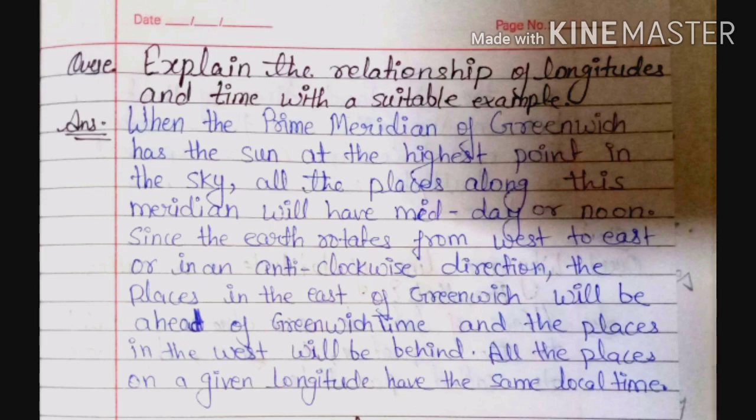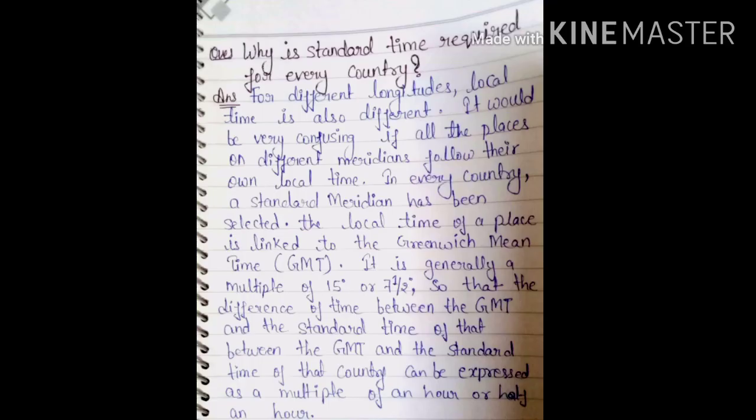Now the next question is, why is a standard time required for every country? For different longitudes, local time is also different. It would be very confusing if all the places on different meridians followed their own local time. In every country, a standard time has been selected. The local time of a country is linked to the Greenwich Mean Time, which is known as GMT.